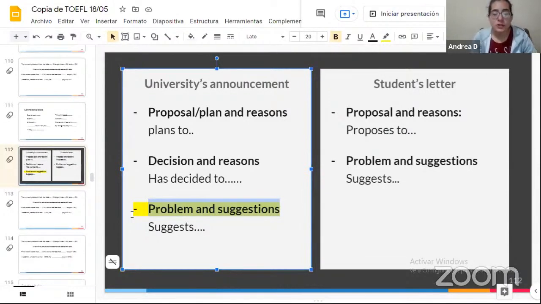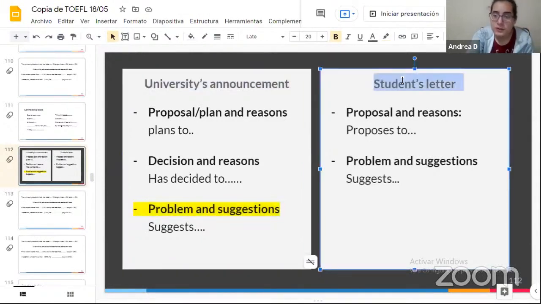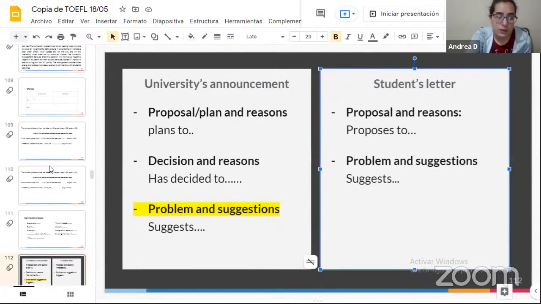So it's different. Then you have a problem, it's too expensive, and you have two possible suggestions, like creating a new cafeteria or changing the menu. So those are the two things that you could find. Sometimes it's the university themselves proposing something, or sometimes it's a student who is sending a letter to someone.